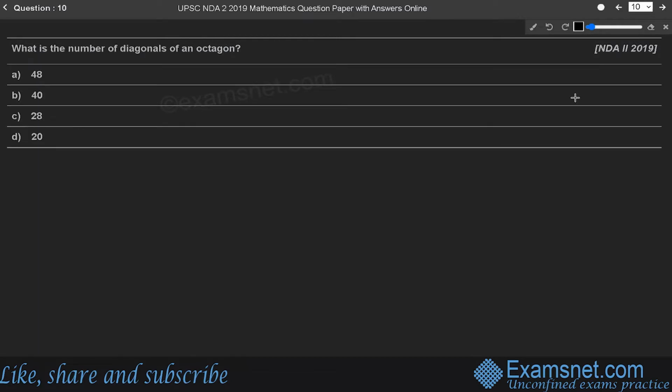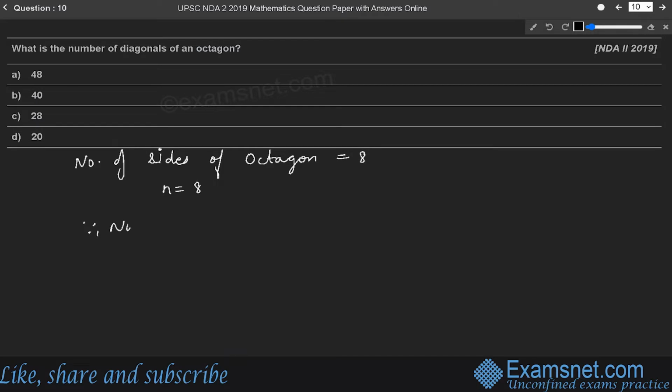Next question is, what is the number of diagonals of an octagon? We know that the number of sides of an octagon is equal to 8. So we can say that n is equal to 8 here.